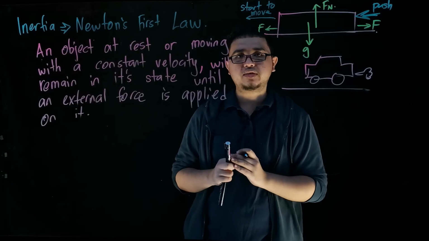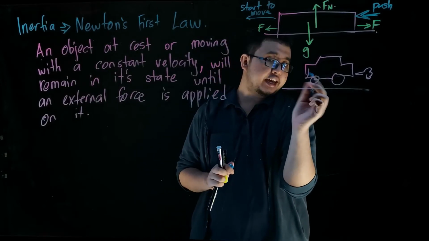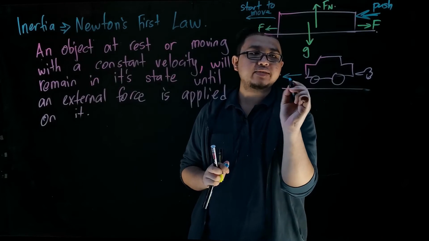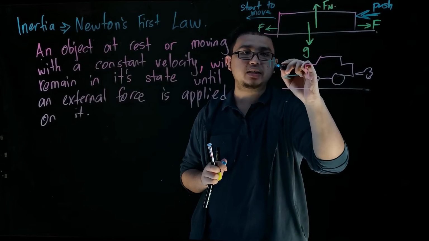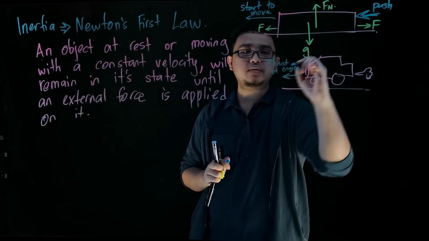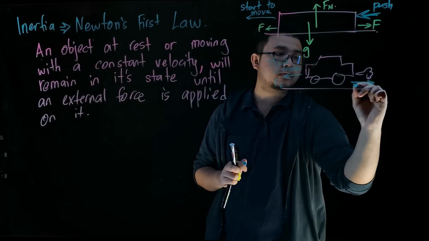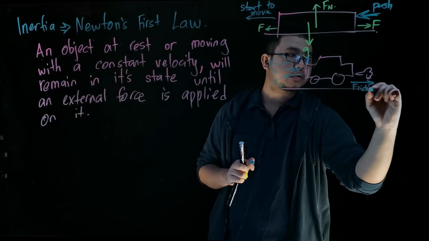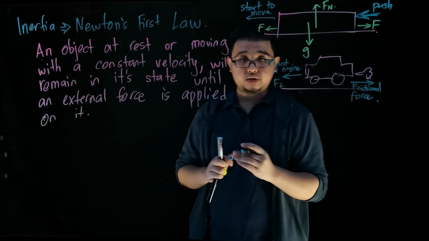Alright? The same thing is happening to this car. It is moving with a constant velocity, not accelerating, not slowing down. So here, what we have is a car that is moving, relying on the thrust of the engine, which is equal to the frictional force that is acted on the car.